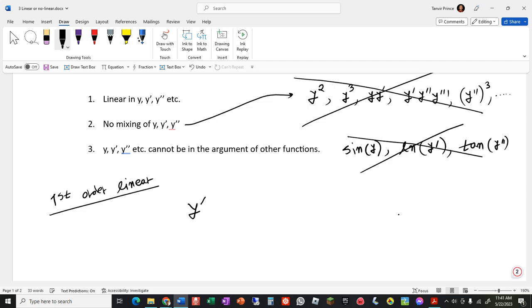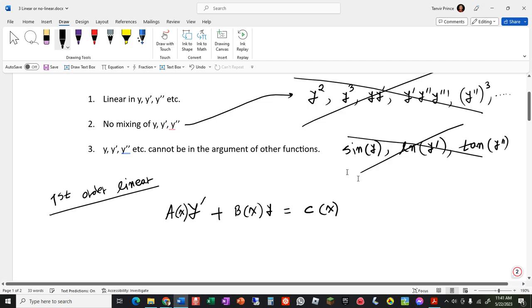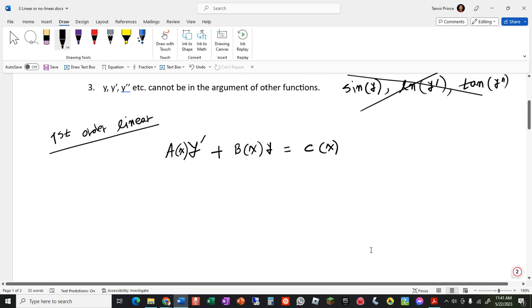So you are going to have some function of x times y prime plus some function of x times y equal to some function of x. Now you can bring that function of x to the other side, or leave it on the right-hand side. You can also bring it to the left and write equal to 0. That's also okay. That's a standard format, an example of how you can write a first order linear equation.